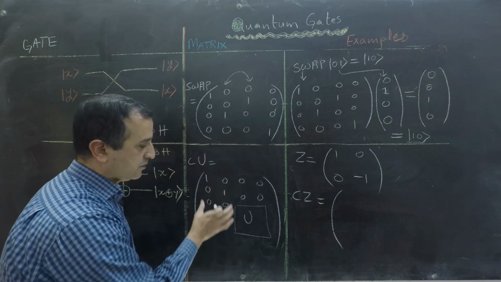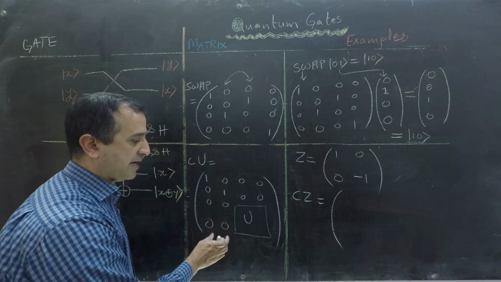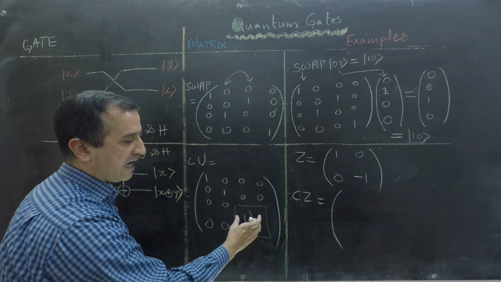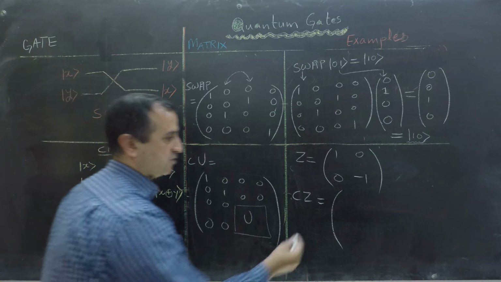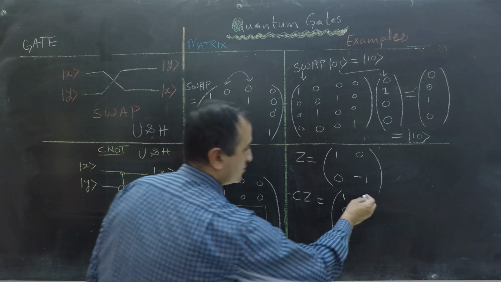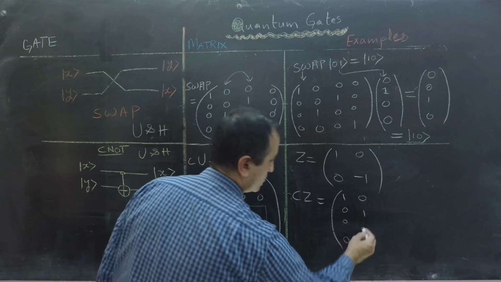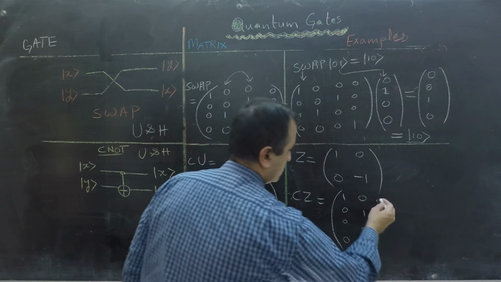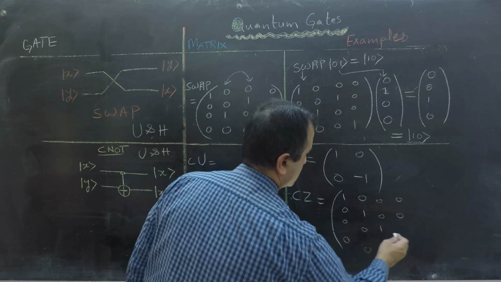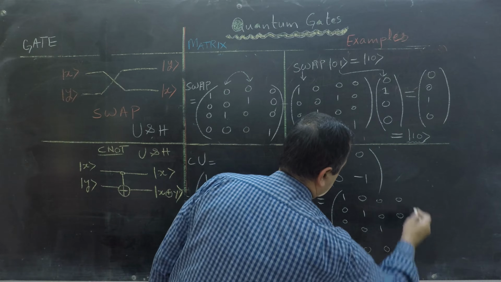The first two columns will be of the identity matrix. Here I will have 4 zeros and here I will have the Z matrix. So my result will be 1 0 0 0, 0 1 0 0, and 0 0 0 0, and now here I will have the Z matrix 1 0 0 minus 1.